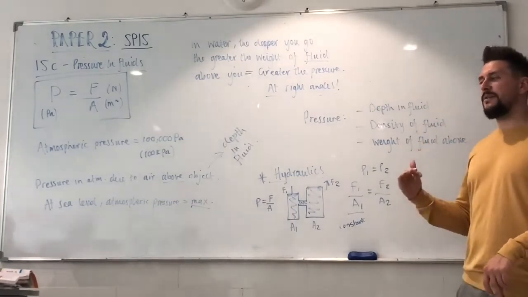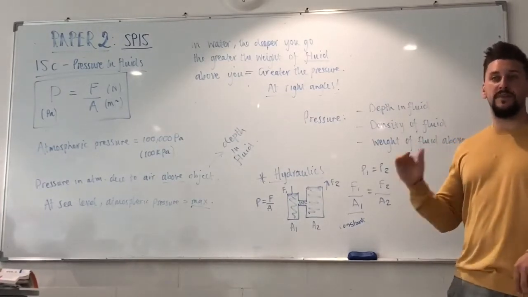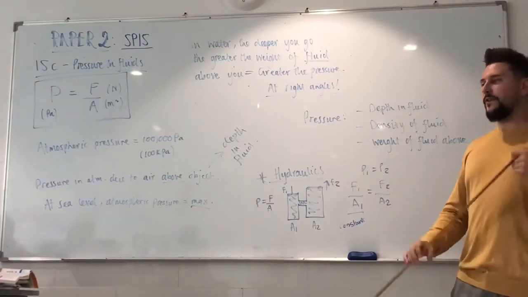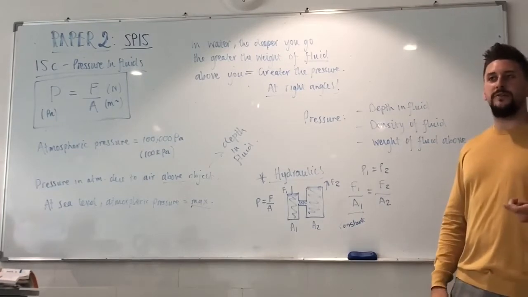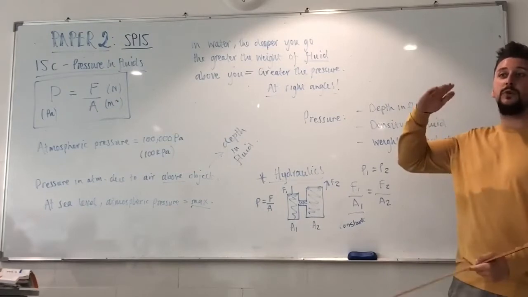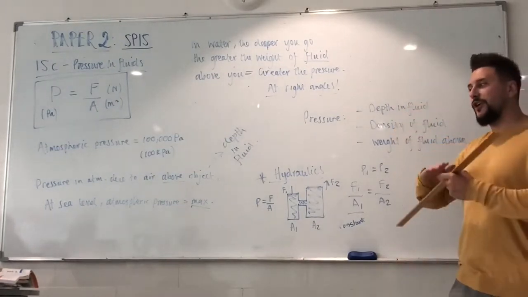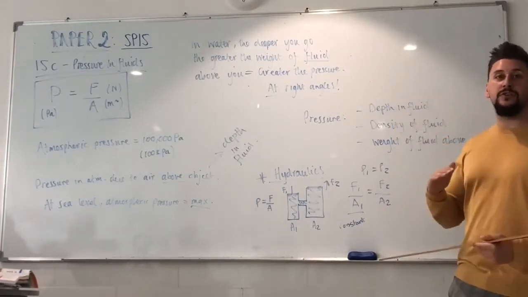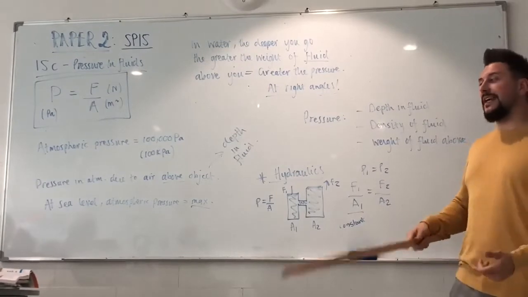Now if you go 10 meters down into, let's say, the sea, first of all, you're going to experience an increase in pressure. You have 10 meters of seawater above you. You're going to have that pressure acting on you as well as the atmospheric pressure.